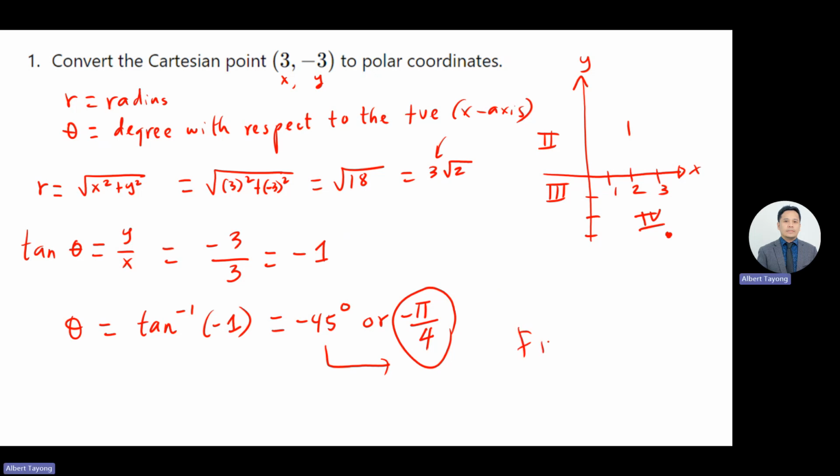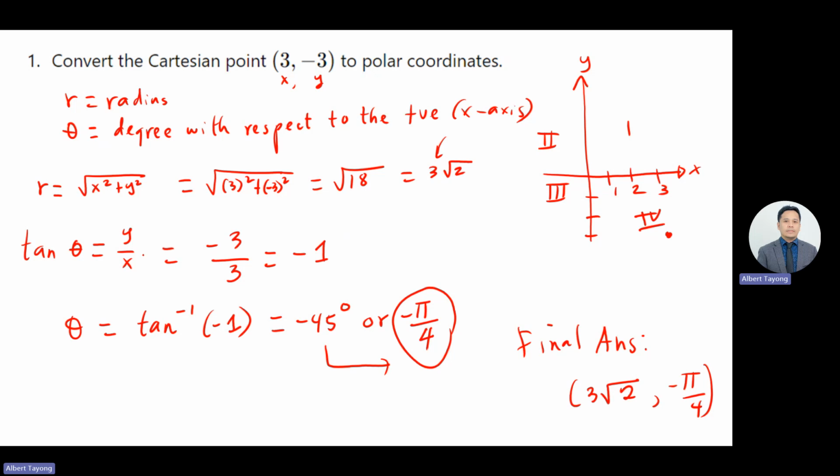Our final answer is 3 times square root of 2, comma, -pi/4. Okay? Because it is already on the 4th quadrant. All right, so this is basically how to change to polar coordinates.